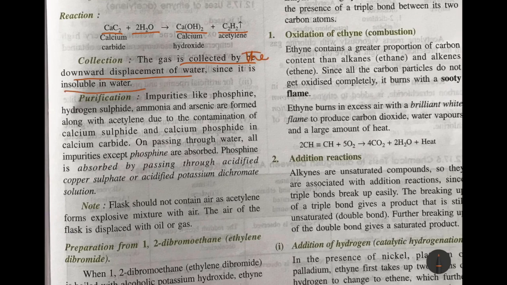Now remember, calcium carbide is not pure. It is contaminated by calcium sulfide and calcium phosphide. As a result, together with acetylene gas, you will get impurities like phosphine, hydrogen sulfide, ammonia and arsenic. So what happens when this gas passes through water? All the impurities except phosphine are absorbed.